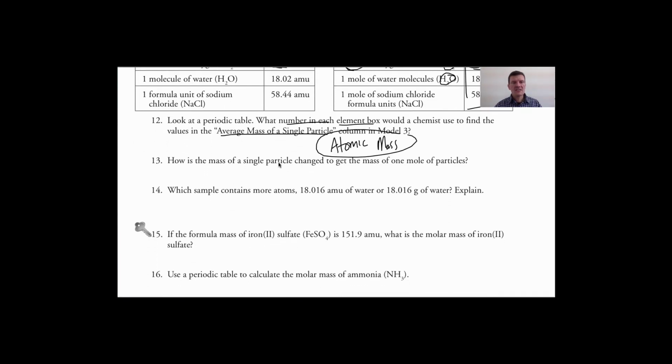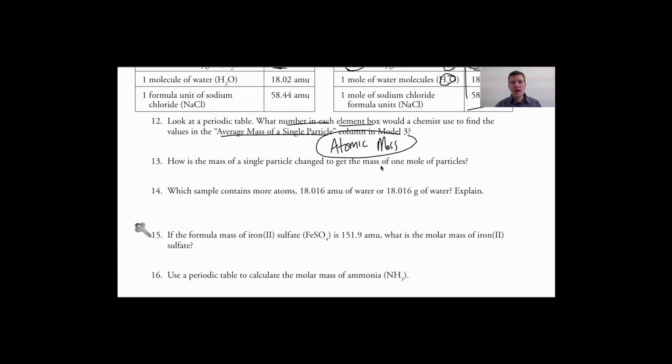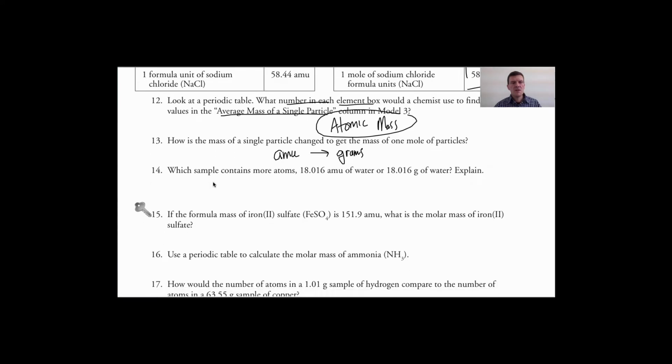How is the mass of a single particle changed to give the mass of 1 mole? We change the AMU to grams. Okay? Which sample contains more atoms? 18.016 AMU of water or 18.016 grams of water? Which one has more atoms?